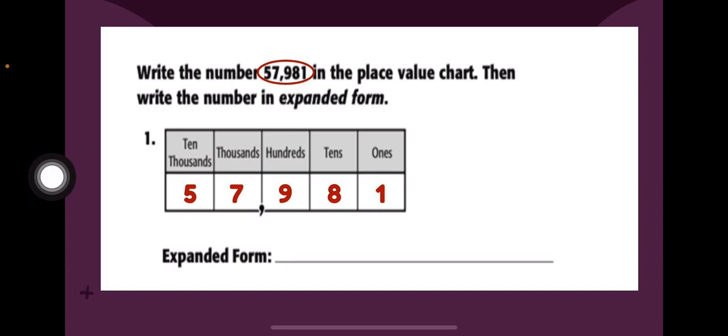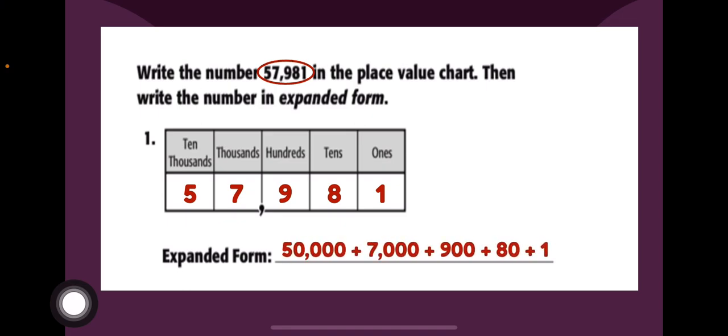So let's write it in expanded form. Let's do the first number here, the biggest number, 5. It will be 50,000. And 7 in thousands, it will be 7,000 with 3 zeros.